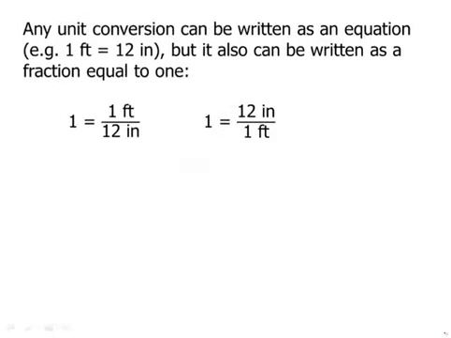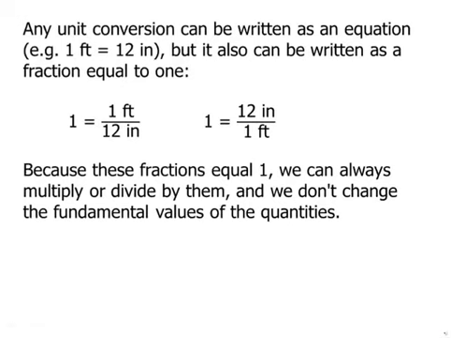Any unit conversion can be written as an equation, but it can also be written as a fraction equal to 1. So we can say 1 equals 1 foot over 12 inches, or 1 equals 12 inches over 1 foot. You see, that's awfully useful. If we have something equal to 1, that means we can always multiply or divide by that, and we don't change the fundamental values.